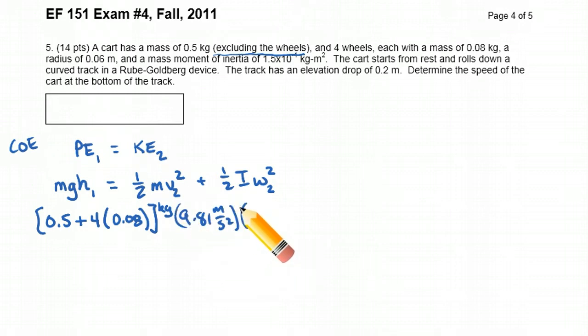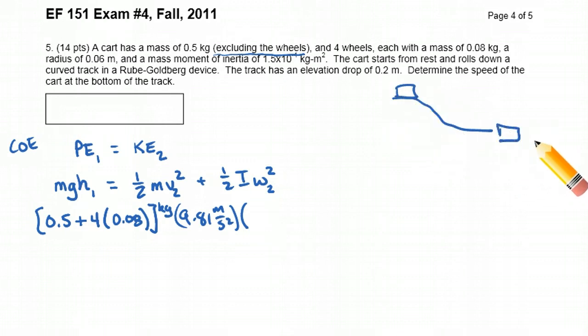And H. So if we draw our track here, here's our block initially, set a datum right there. It says it drops 0.2 meters.